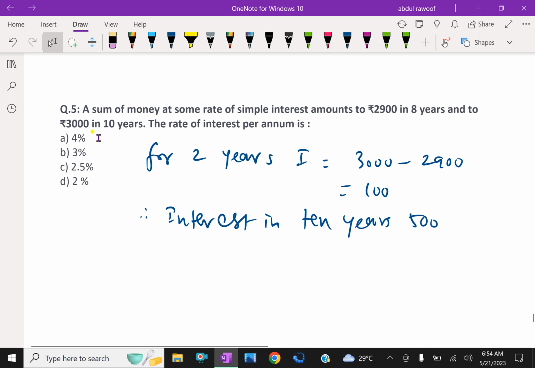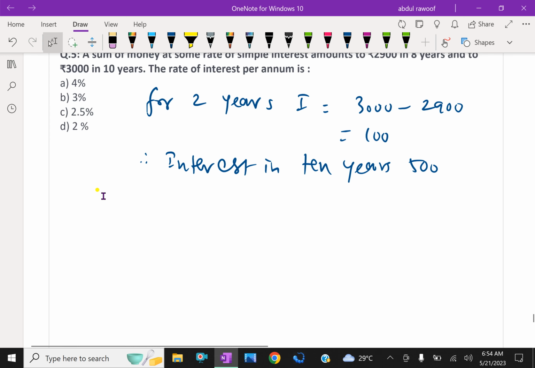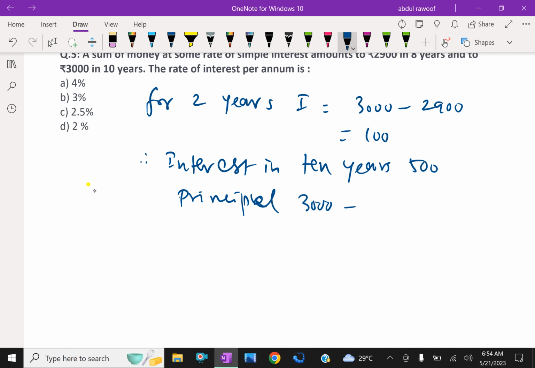Therefore, the principal amount is 3,000 minus 500, that is 2,500.